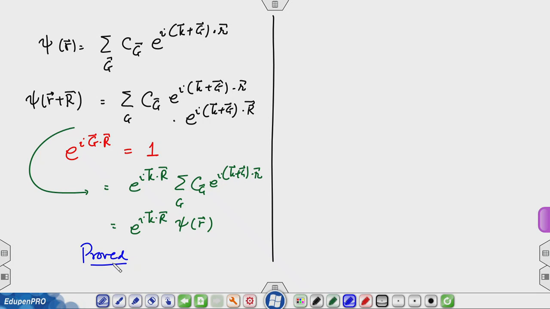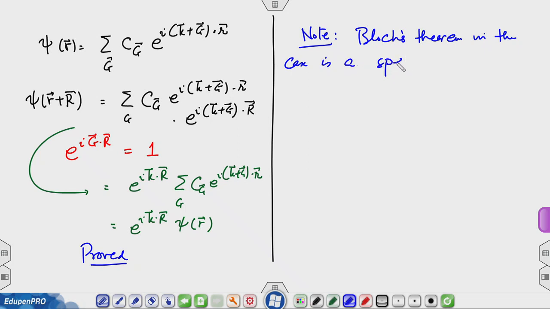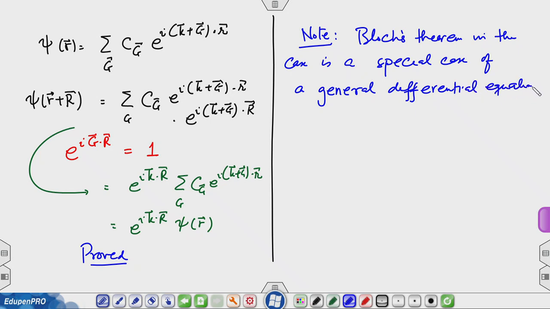I just want to make a note here. Bloch's theorem in this case is a special case of a general differential equation known as Hill's equation.